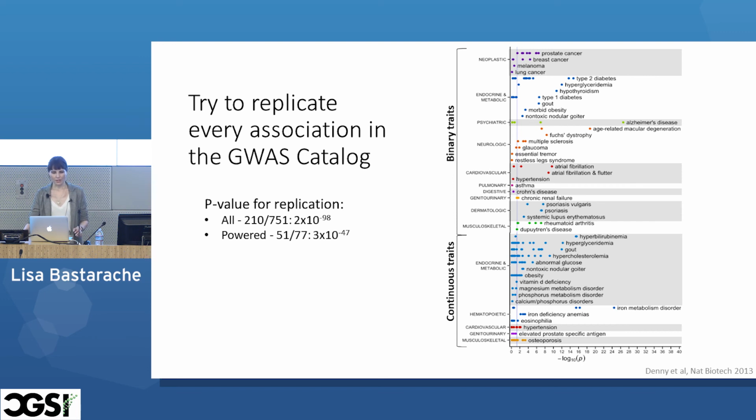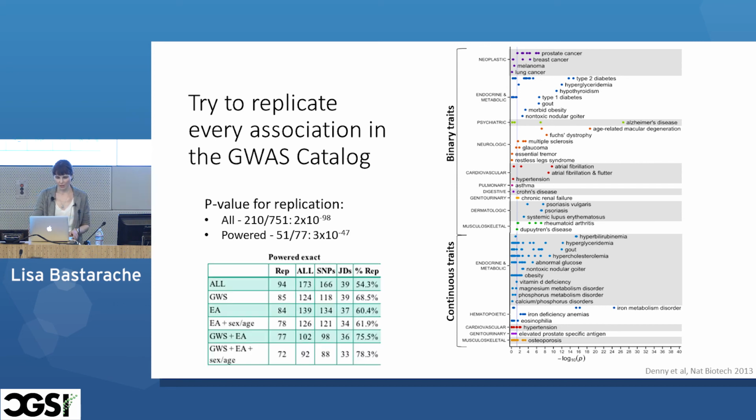What we found is that for those that we were powered, we replicated 51 of 77 associations across a really wide variety of phenotypes, including different types of cancers, autoimmune conditions, hyperlipidemia, et cetera. Since we've gotten larger cohorts linked to genetic data, this replication rate is actually approaching somewhere in the 90s, maybe 92% or something. So it's a very robust method for replicating known associations.